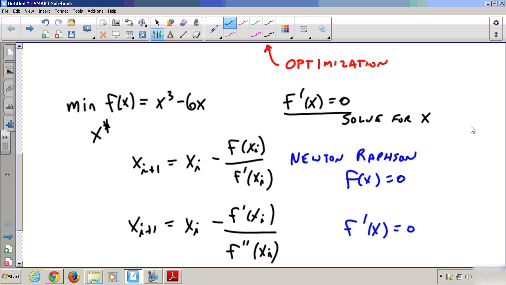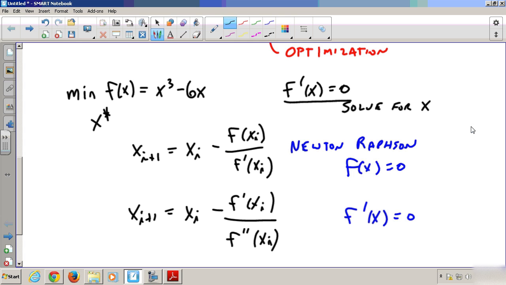It's the same thing. Fundamentally, it's going to be first derivative divided by second derivative, because the first derivative is the function I'm trying to solve the roots problem for. So it looks exactly the same as Newton-Raphson. It's the same thing we've already been doing, except now we're doing it on the first derivative.